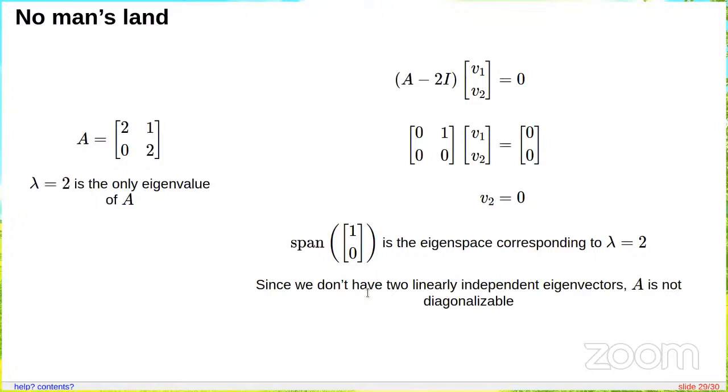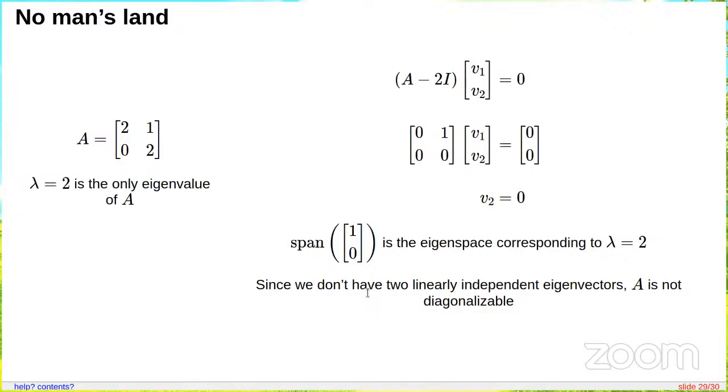Oh, from case 1, it is failing? No, it is case 3, but finally, because I am not able to span the whole space. You basically go back to the definition of what a diagonalizable matrix is. You're right, you cannot span Rn using eigenvectors.